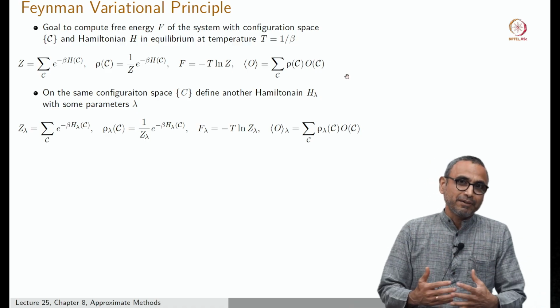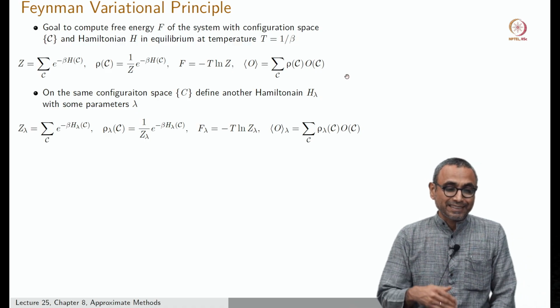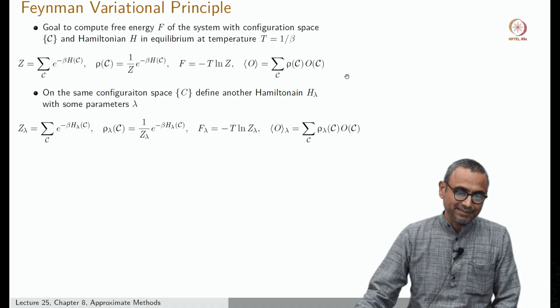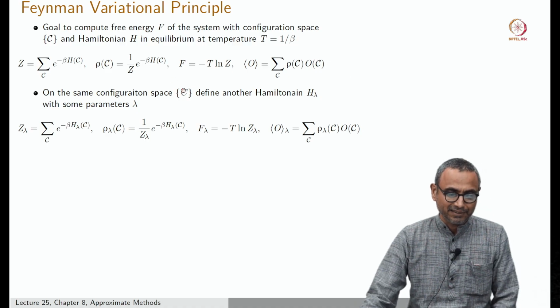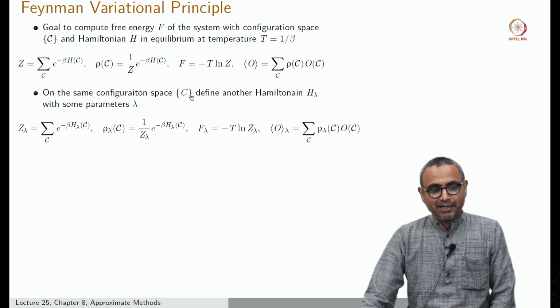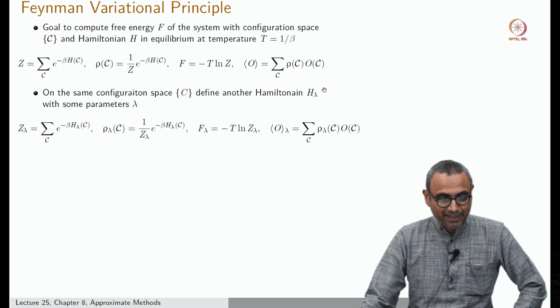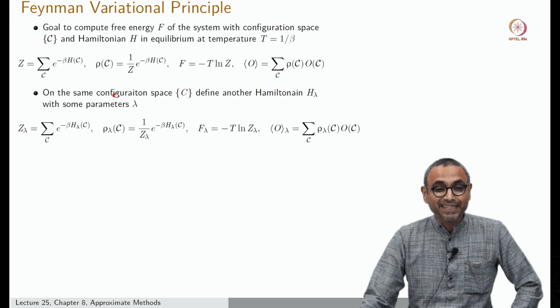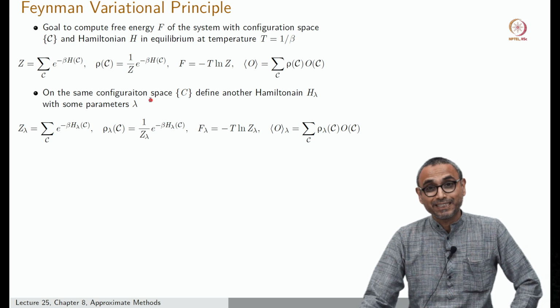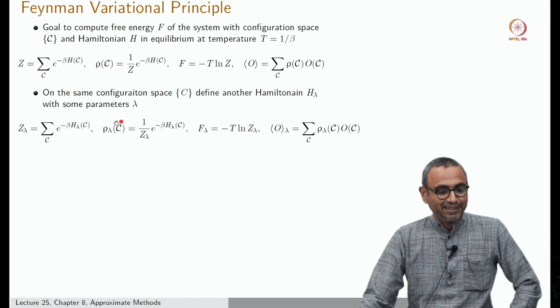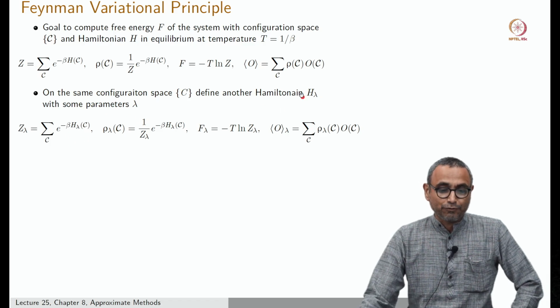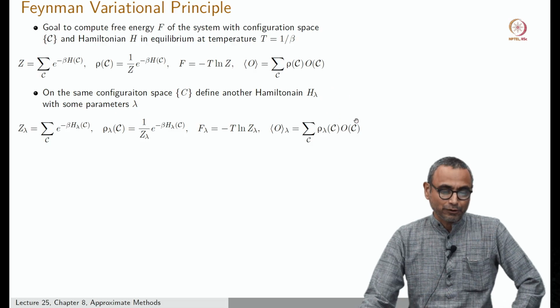So, the Feynman variational principle idea is that on the same configuration space, this will be a script C, you define another Hamiltonian which we call H lambda with some parameters lambda. We do not know which parameters we should use yet, but let us say we know the form of this Hamiltonian and it depends on some set of parameters.